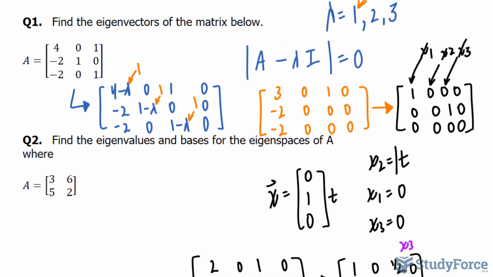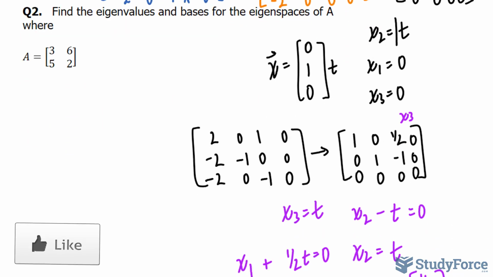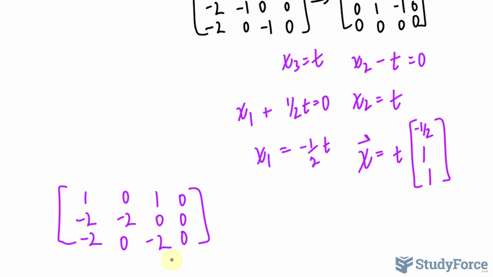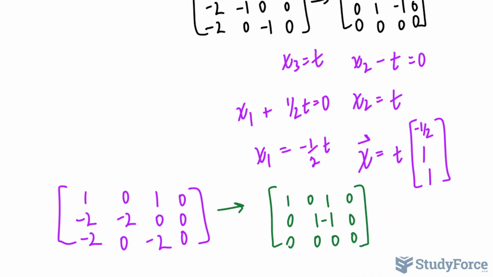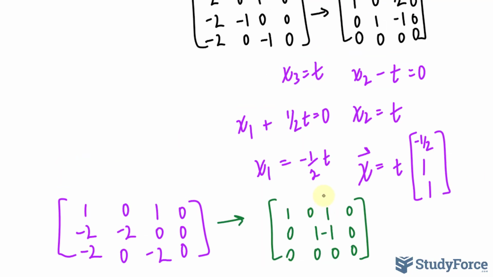We have to do this one more time, but instead of lambda being 2, it's now 3. So I'll replace this with 3, 3, and 3. You should end up with a matrix that looks like the following. And if you do the next part correctly, where we put this in row echelon form, the matrix should look like this. Now, once again, each of these columns represents x sub 1 through x sub 3. And just like before, x sub 3 does not have a leading 1.